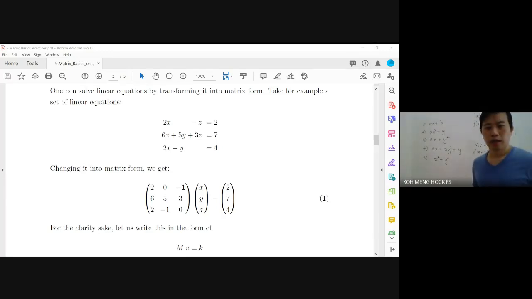Who else? Fitri don't know. Alia, I'm not sure. Anyone else? So linear functions, please remember the meaning of a linear function.